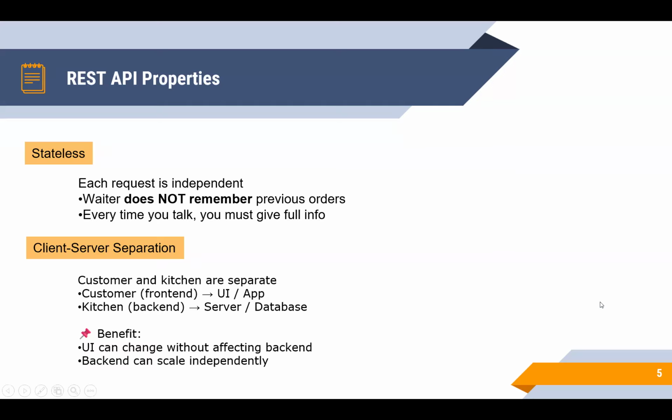So REST API we understood, REST API purpose we understood. Now REST API properties. What is the meaning of the REST API properties? First one is what? Stateless. What is the meaning of stateless?